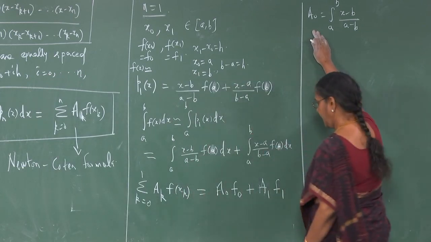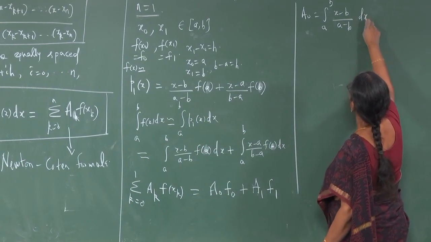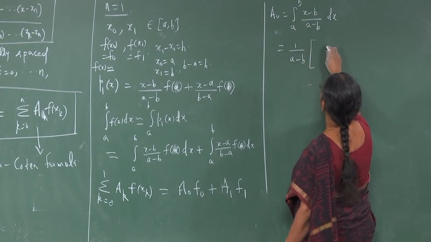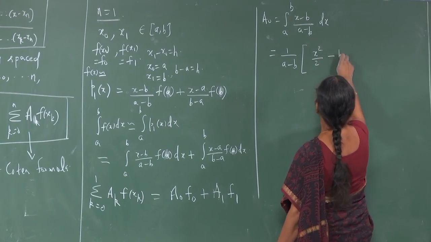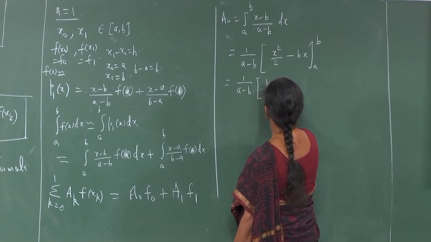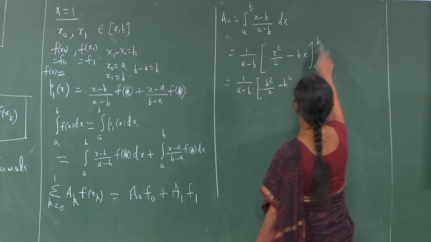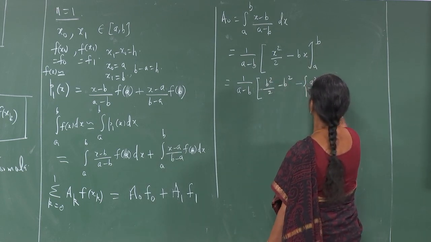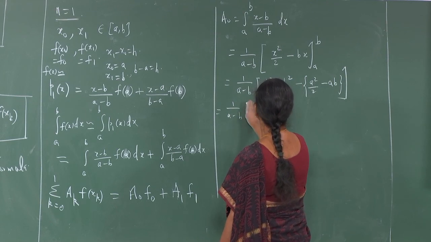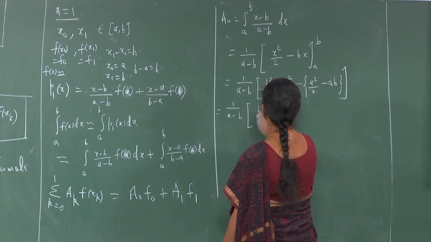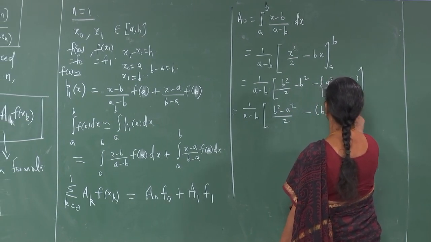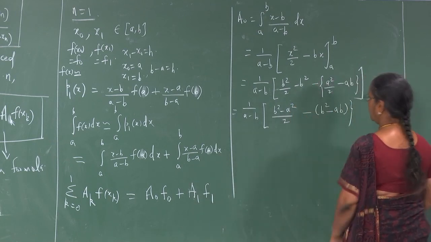So a naught will be x minus b by a minus b integration with respect to x. So that is 1 by a minus b into integral a to b x dx minus b into x between a and b. So that will give you 1 by a minus b into b square minus a square by 2 minus b into b minus a.